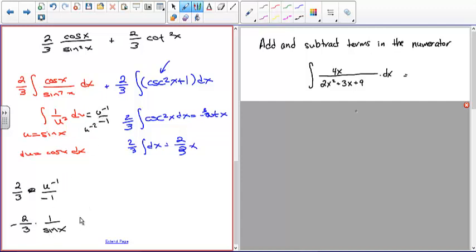That's the first part. Then the integral of the cosecant squared is negative the cotangent of x. And the final one is the integral of 2/3 dx, which is 2/3 x plus c.